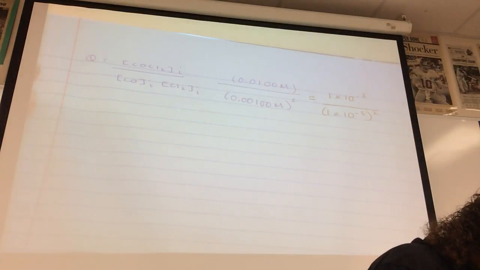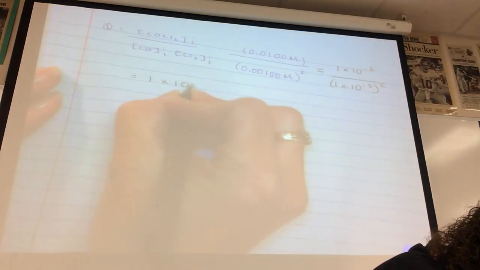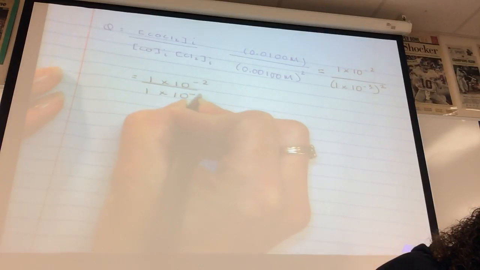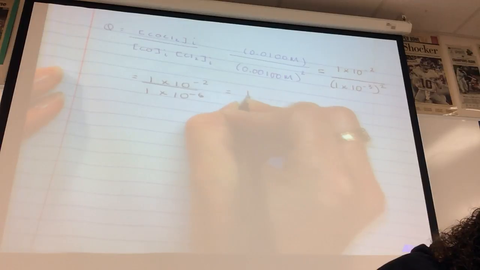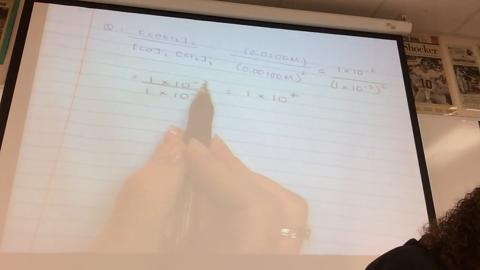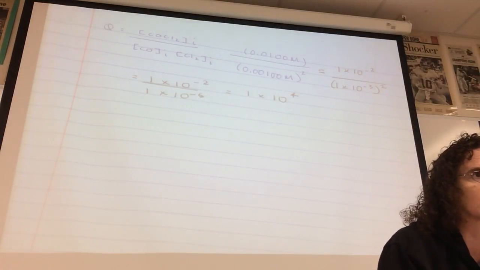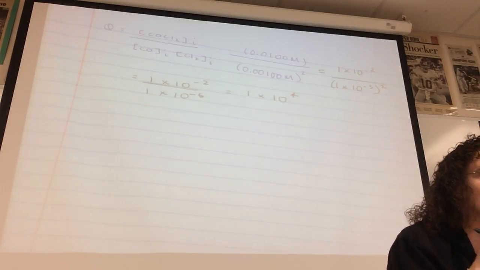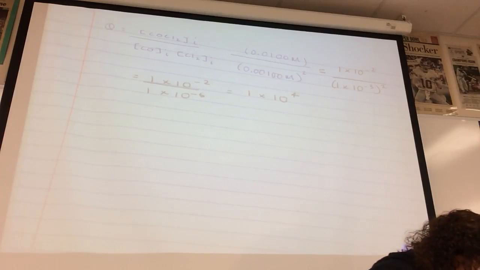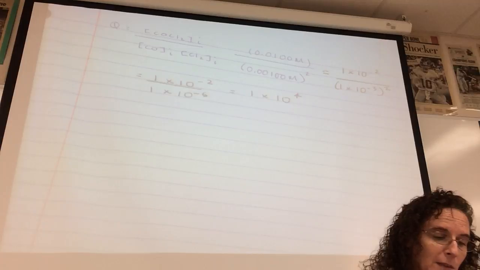So far, so good? So that is 1 times 10 to the negative 2 over 1 times 10 to the negative 6, which is 1 times 10 to the 4th, minus 2 minus negative 6. That is 7th grade math. You've got to be able to do adding and subtracting of negative numbers in your head. My daughter hates me because I make her do them every night. Too bad. So that's Q.